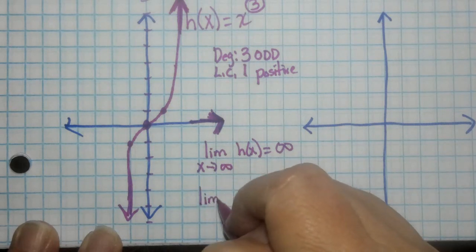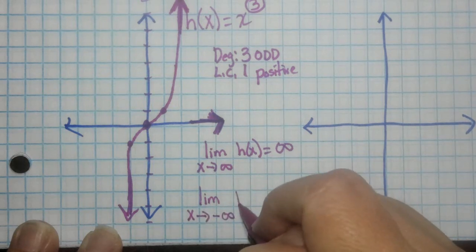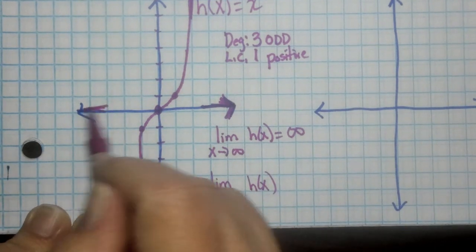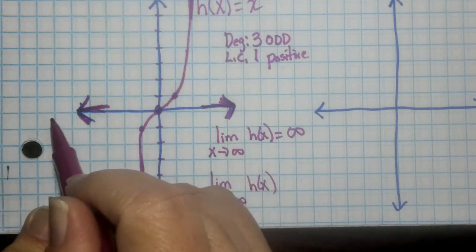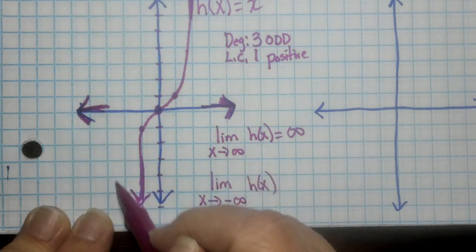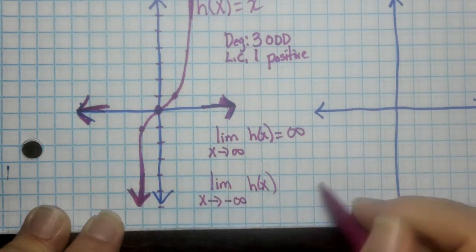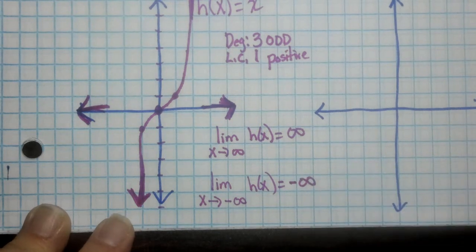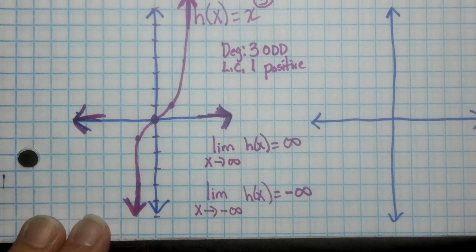Meanwhile, my limit as x approaches negative infinity of h of x, so as we go to smaller and smaller x's, x goes out here to negative infinity, h of x, you see here, is falling down to negative infinity. And that's going to be true for all odd functions with a leading coefficient that's positive.